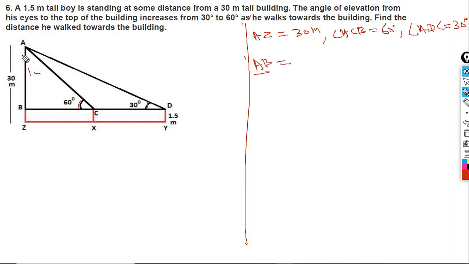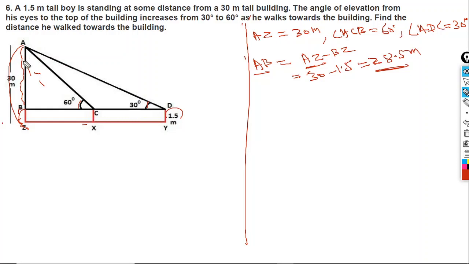AB will be equal to AZ minus BZ, which will be equal to length of AZ is 30, BZ is equal to 1.5, this is 1.5. So 30 minus 1.5, which will be equal to 28.5 meter.